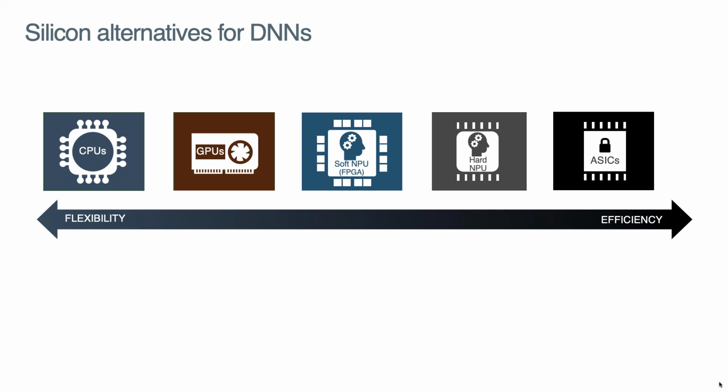On the far right here on the flexibility and efficiency scale are your ASICs. And ASICs are your application-specific integrated circuits. And these are chips that are custom designed for whatever workload that you have. And so if you think about these neural processing units, as we call them, basically the hardware that runs these AI algorithms, there's basically two schools of thought.